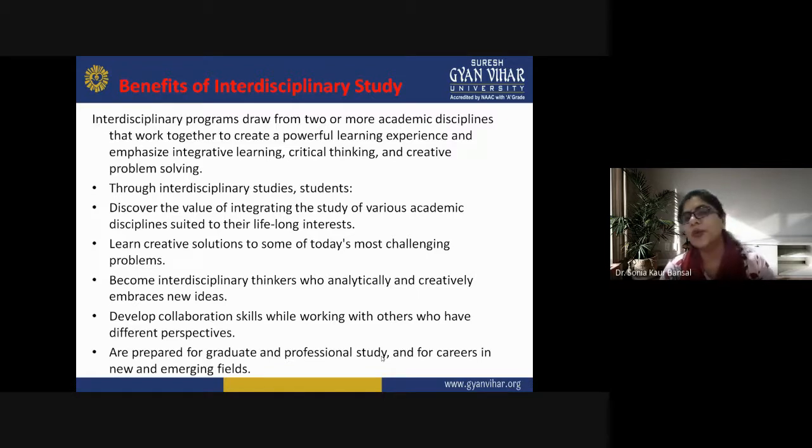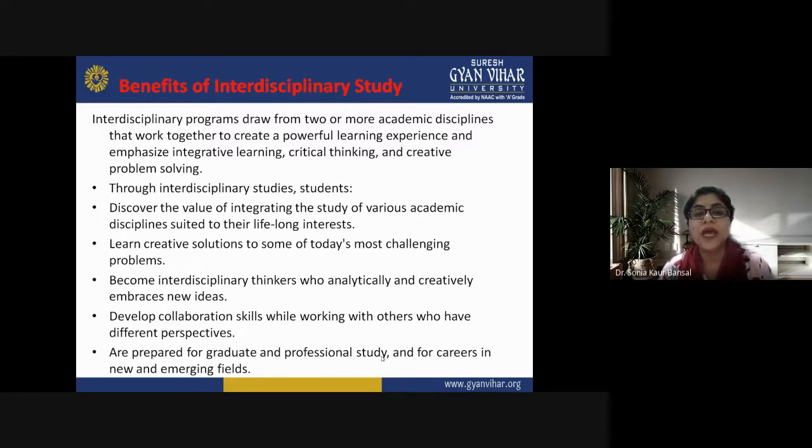As I've told you, interdisciplinary means you are taking help of two or more disciplines to develop a concept. Two disciplines are working together and creating a powerful learning experience. It also emphasizes integrative learning, how you learn when you integrate one discipline with another discipline.